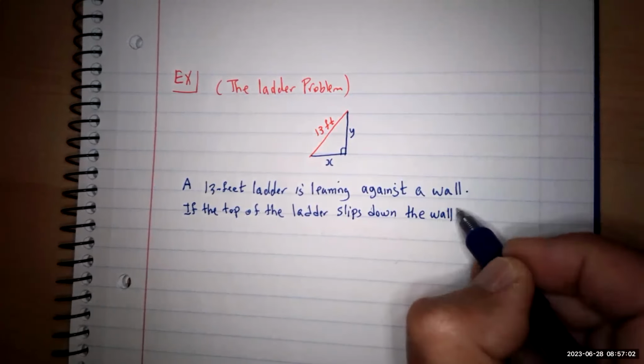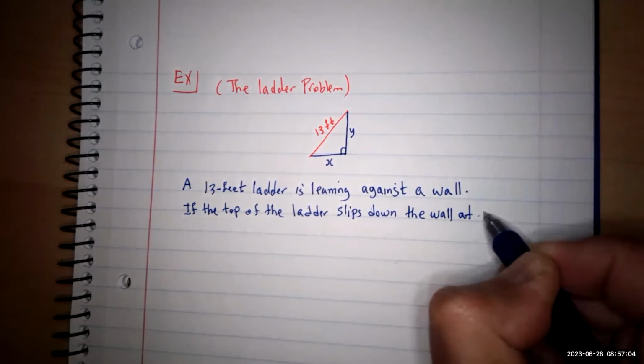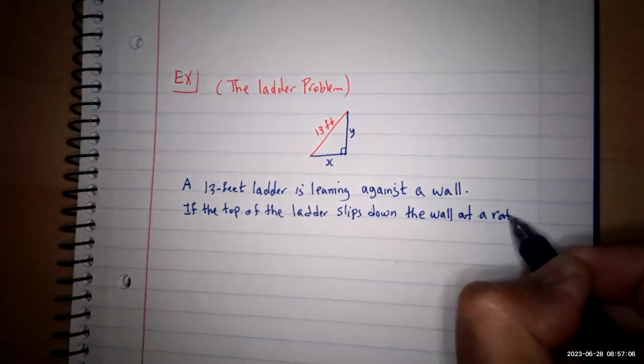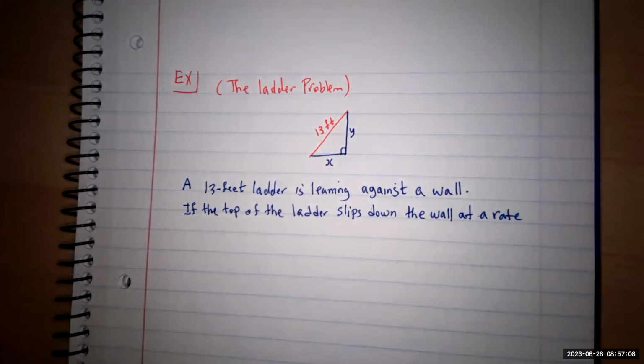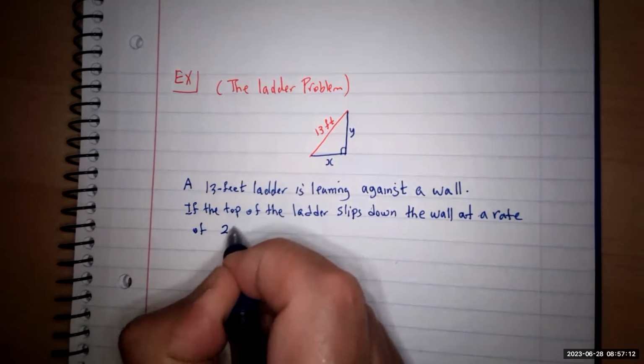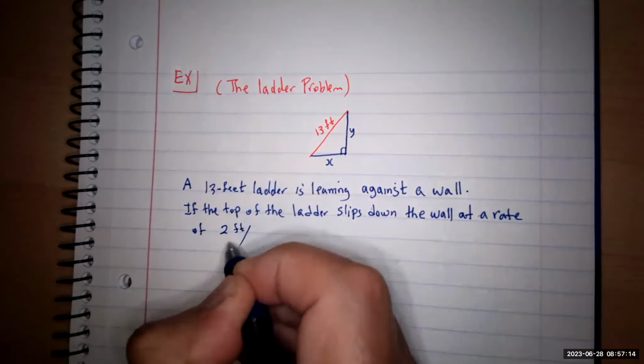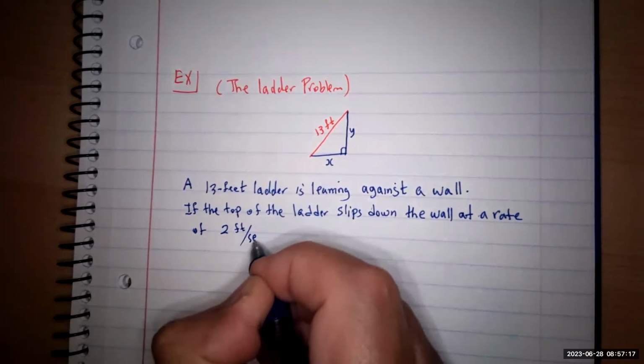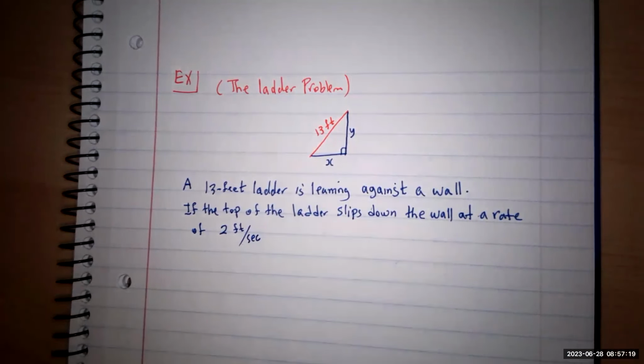Down the wall at a rate, it's going to be at the rate of 2 feet per second. What is this one?